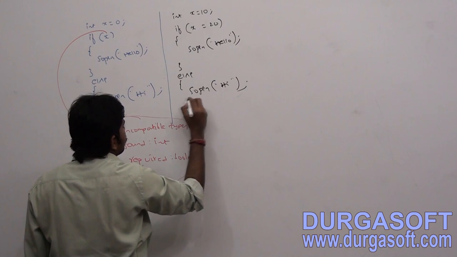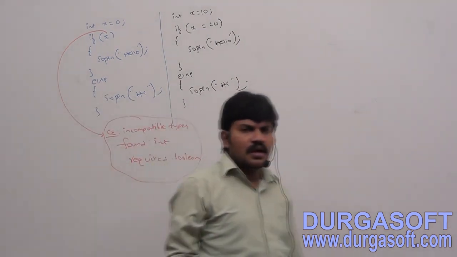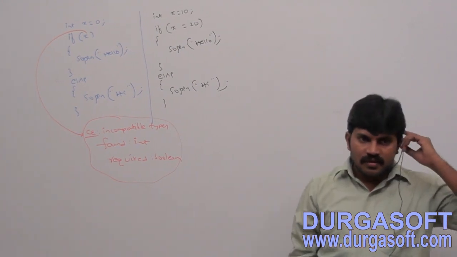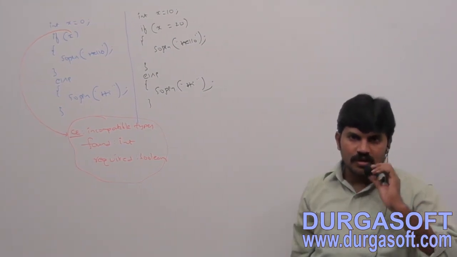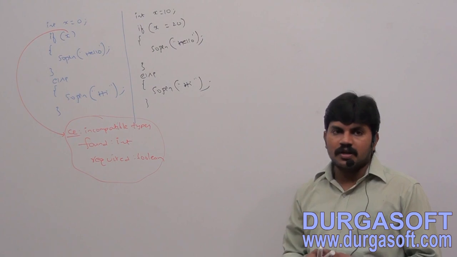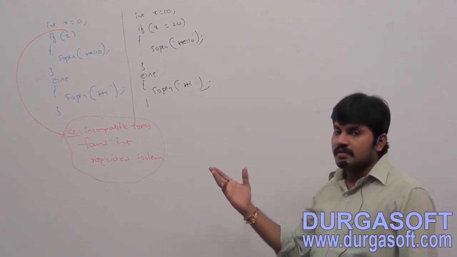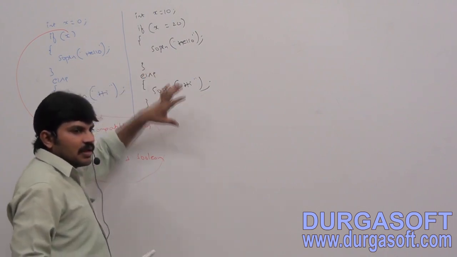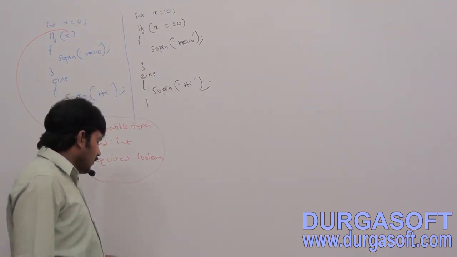Can you tell what the answer is now? Hello or hi? Most of the people are going to say, sir, 10 and 20 are not equal, so the else part will execute and hi is the answer.